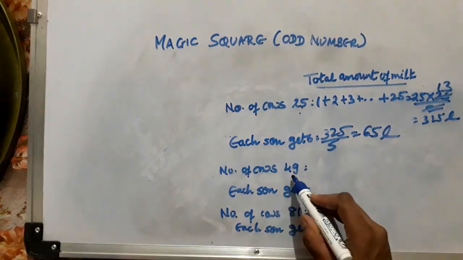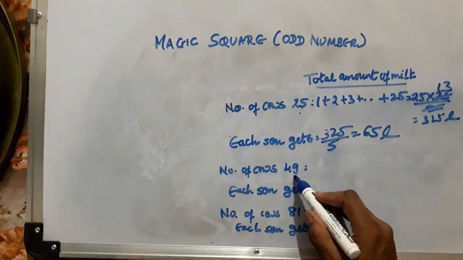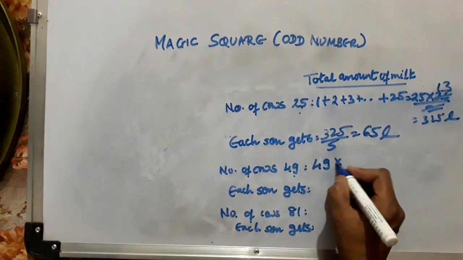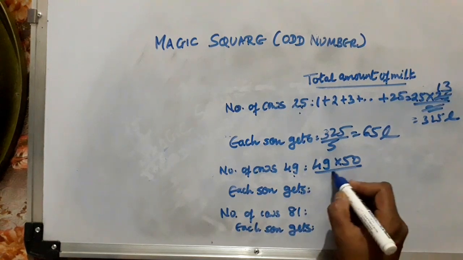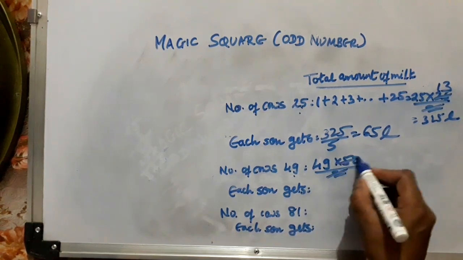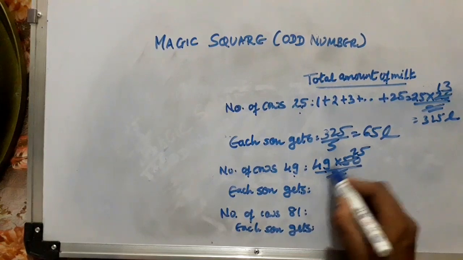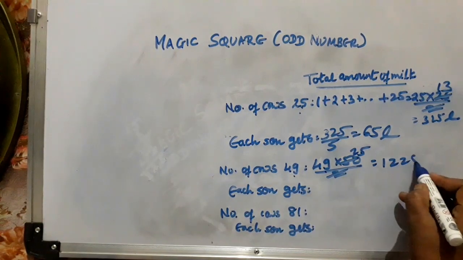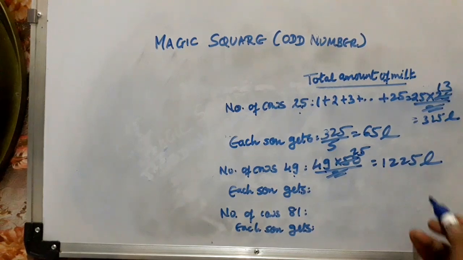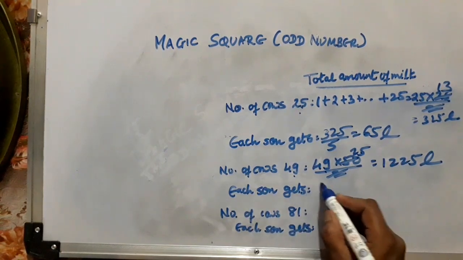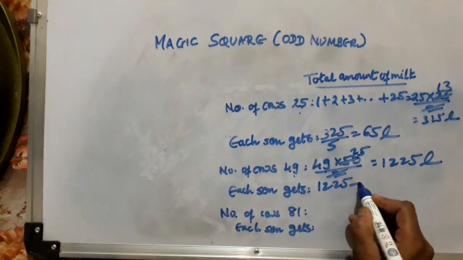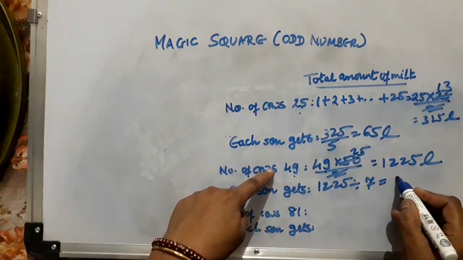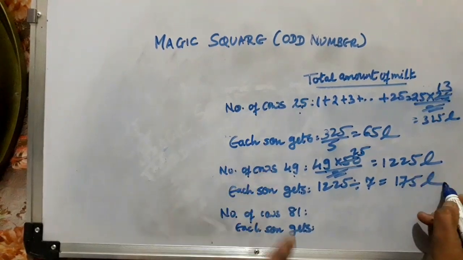If the number of cows is 49, then the total amount of milk will be 49 into 50 divided by 2. So here you have 49 into 25, that is 1225 liters. Okay, so each son should get 1225 divided by 7. So here you have 175 liters.